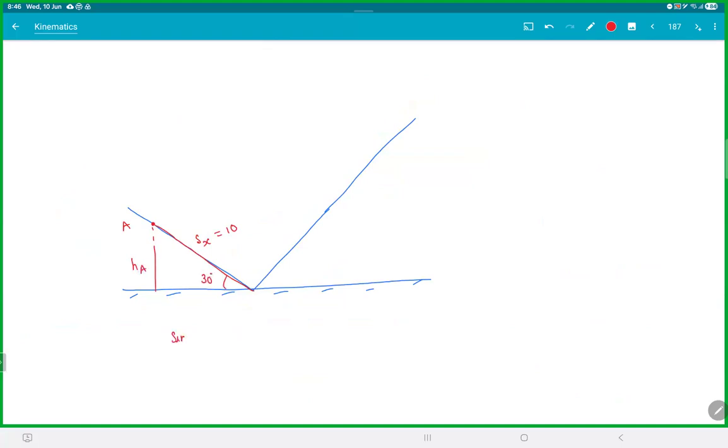So sin 30 will be HA by Sx. So HA will be 5 meters, 10 sin 30. This is Sy, which is 10 root 3. This was point B. This is the height HB. This is 60 degrees. Sin 60 is HB by 10 root 3. That is 15 meters.